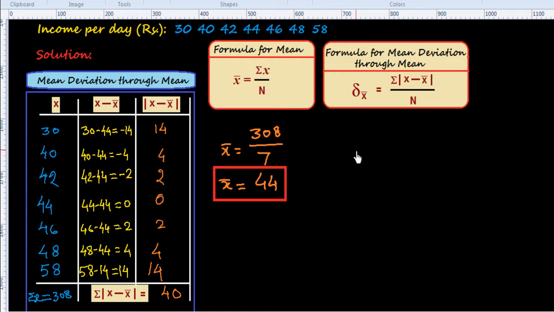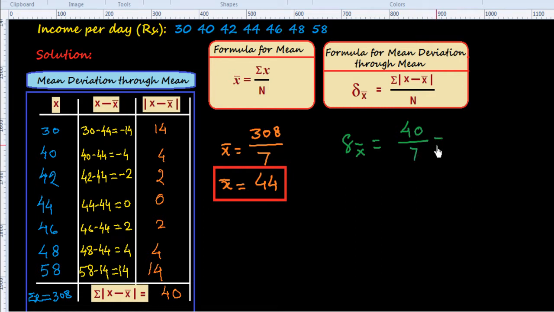Now we put here delta x bar is equal to summation of x minus x bar, which is 40, divided by the total number of data, which is 7.